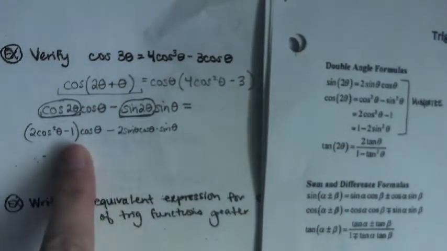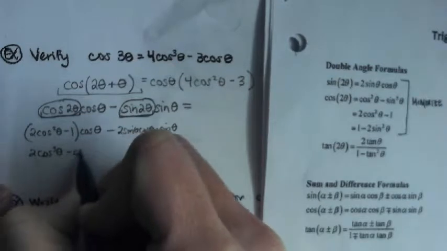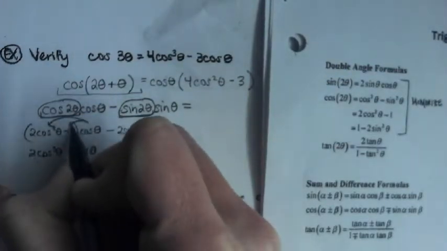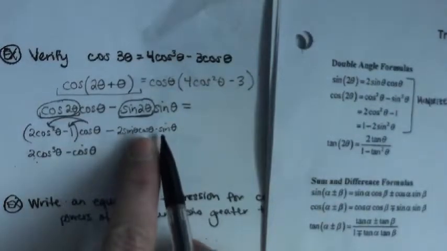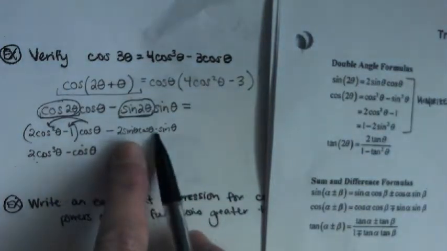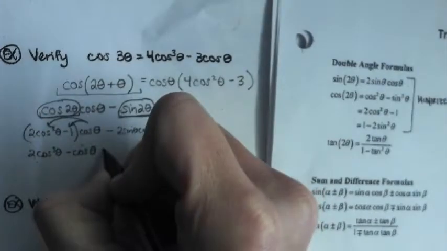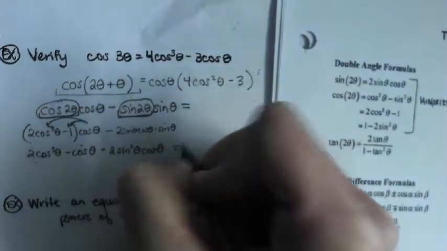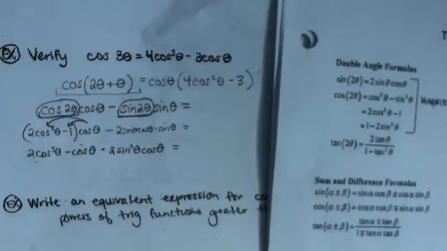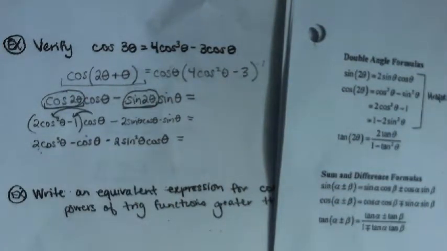So on this first one that has a binomial, I'll distribute. I get 2 cosine cubed theta minus cosine theta. That's after distributing my cosine. On the second part of this, my sine theta times sine theta can just become sine squared. Minus 2 sine squared theta cosine theta. And then from the 3 terms here, what do you think?